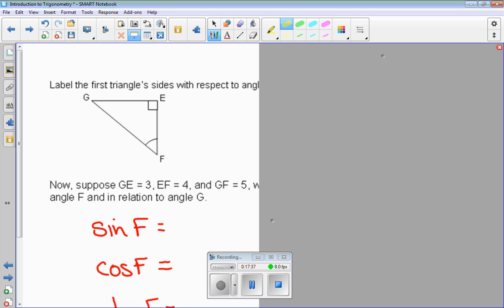Which one's the opposite? Which one's the adjacent? Use the letters. G, E, E, F, G, F. Did I say adjacent, right? Adjacent is E, F. Good.